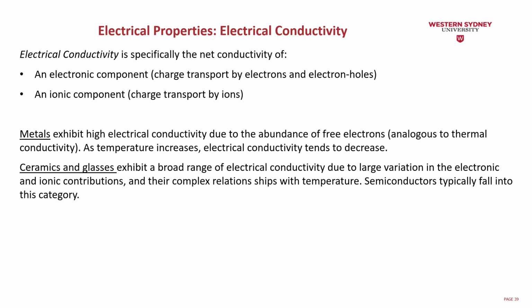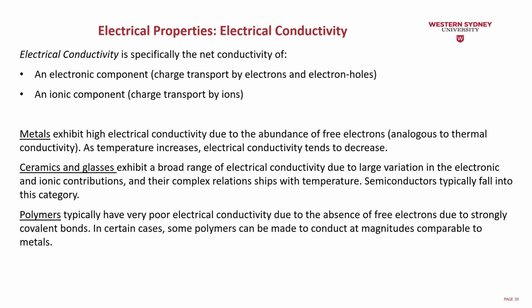So the semiconductors typically fall into this category. The polymers typically have a very poor electrical conductivity due to the absence of the free electrons and the strongly covalent bonds. And in certain cases, some of the polymers can be made to conduct at magnitudes comparable to the metals.